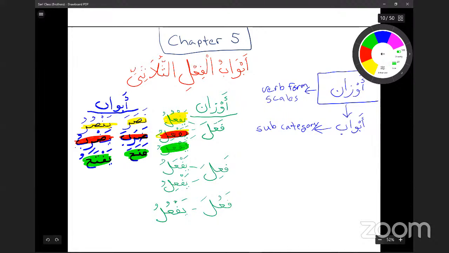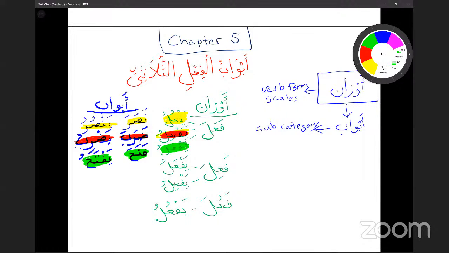So once again, we have نصر ينصر, ضرب يضرب, فتح يفتح. All of those belong to فعل. It's another way of saying فعل يفعل, but they're called abwab.